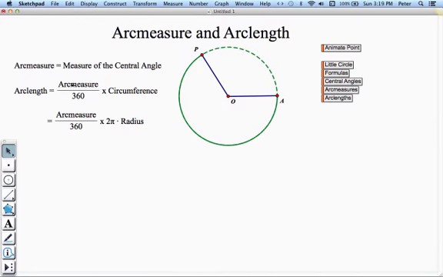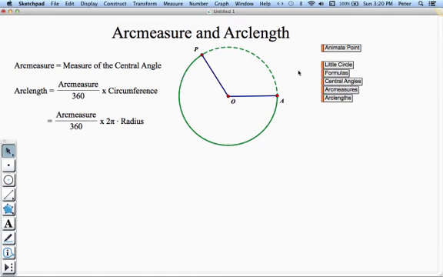So it's equal to the arc measure divided by 360 times the circumference. And the purpose of this arc measure divided by 360 is to show you that this represents the fractional part of the circle that the arc is. When you multiply it times the circumference, you get the length.